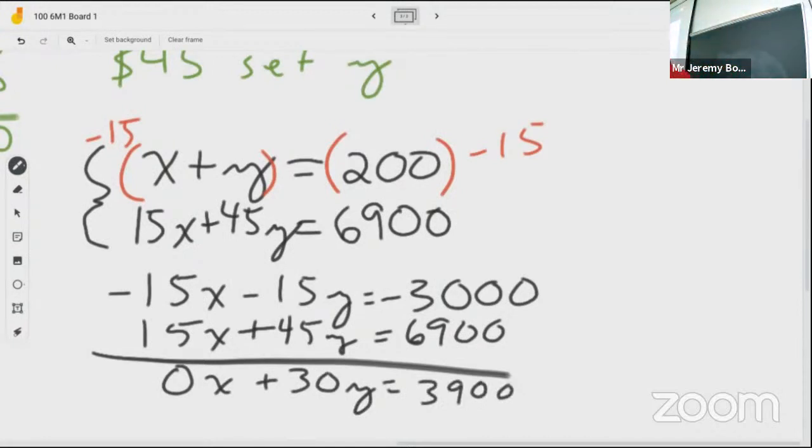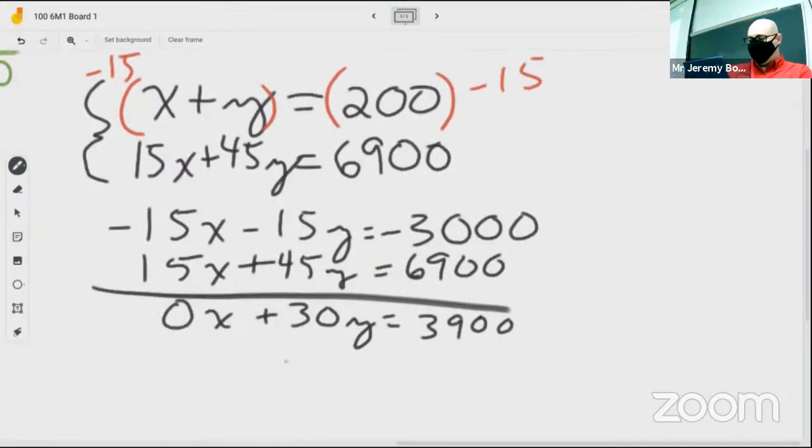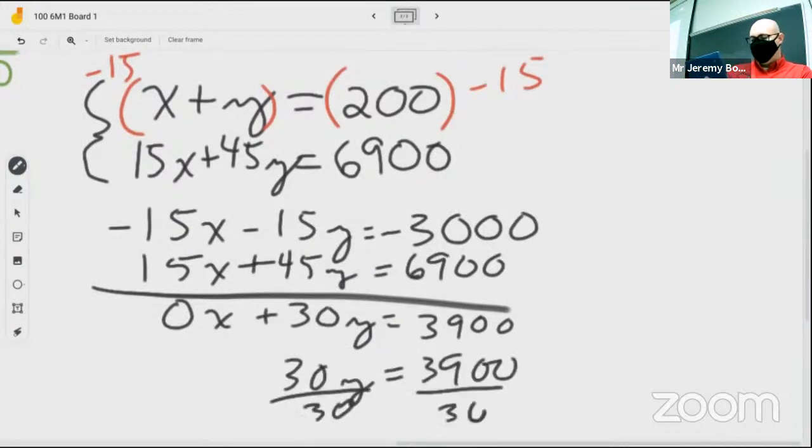These same numbers keep coming up. It's kind of interesting. And so that means that 30y equals 3,900 divided by 30. And so y is equal, I can get an eraser.